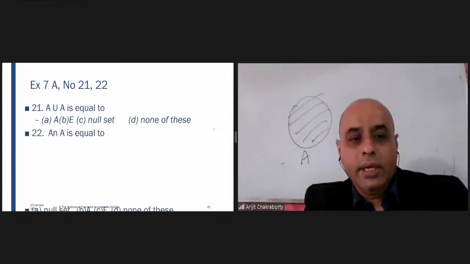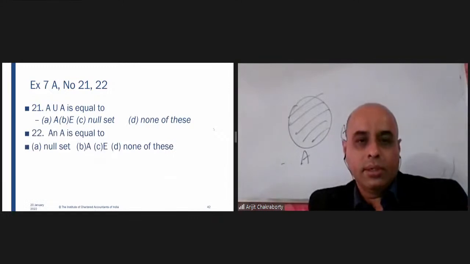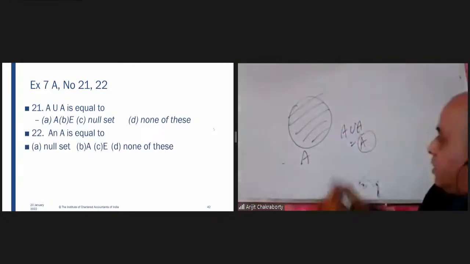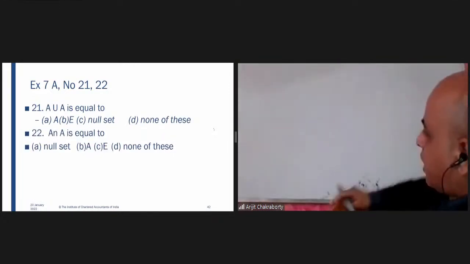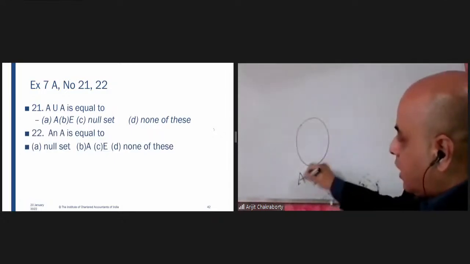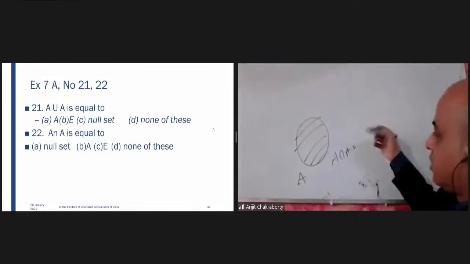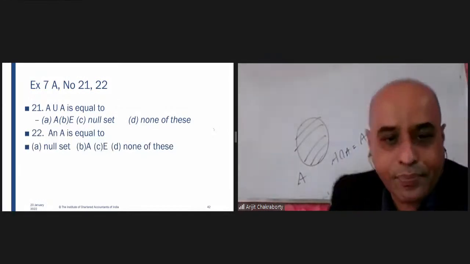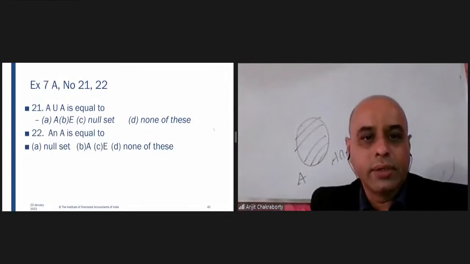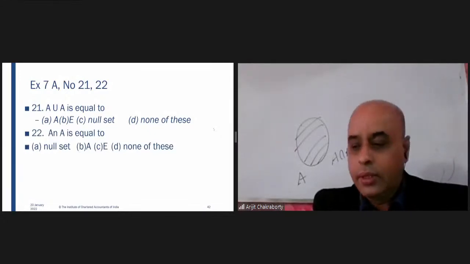Second one: A intersection A is equal to what? If I write A here, A intersection A means the common part of A. So it will be A. The answer is A. So 21 and 22 we have done.